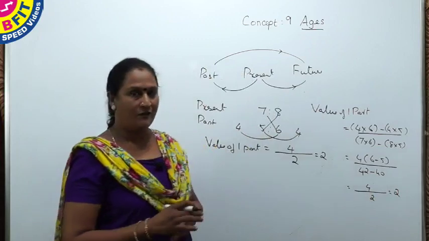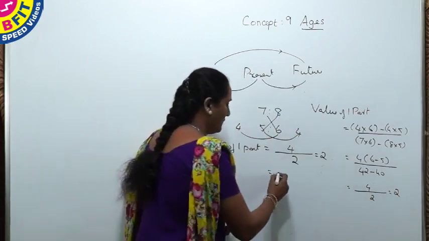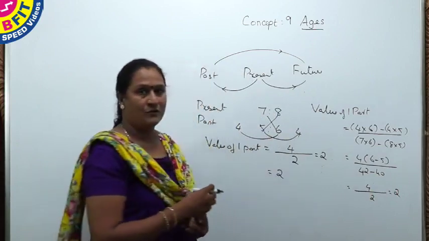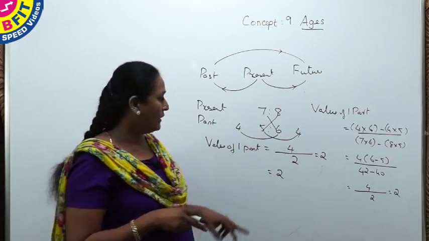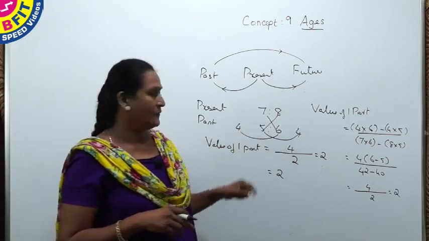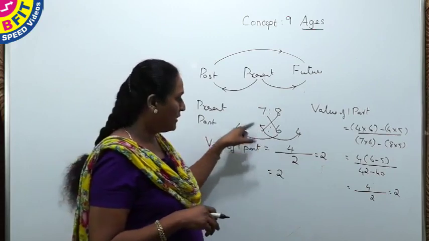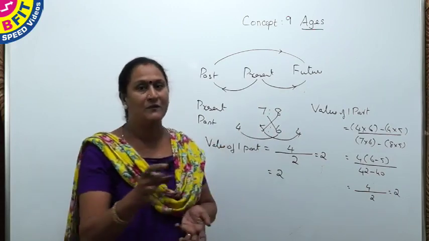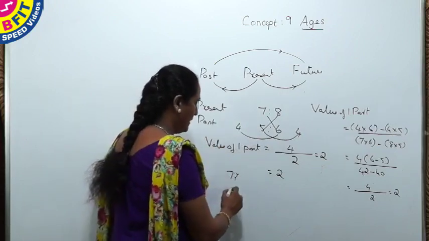So we have got the value of one part using this smiley pattern. Here the value of one part is 2. Whatever value you get for this one part has to be multiplied only with the first row. Sometimes you may get the correct answer, but when you multiply with the second row, sometimes you may go wrong, because we take x for 7 and 8.